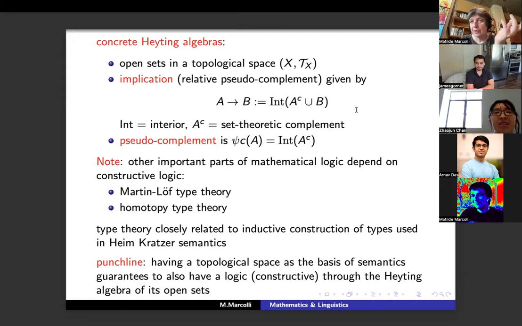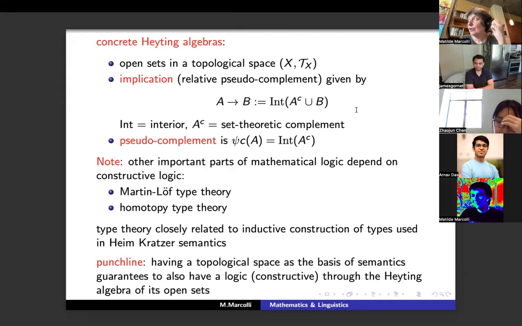I mean, this is kind of related to this. The Heim-Kratzer inductive construction of types is modeled on type theory in the logical sense, and is designed in a way to incorporate type theory into semantics, and so the Heyting algebras should be the natural setting for doing this, because Martin-Löf type theory is based on constructive logic.